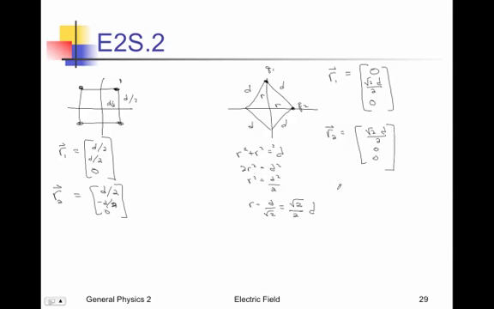It has no Y. R3 is going to be this location here, so I'm going to have 0, and now a minus the square root of 2 over 2 D, 0. And R4 is equal to, now this is going to be a negative in the X, a negative of the square root of 2 over 2 D, 0, 0. So I've found all of my displacement vectors pretty easily. So that's pretty easy. Now let's go on to the next slide.